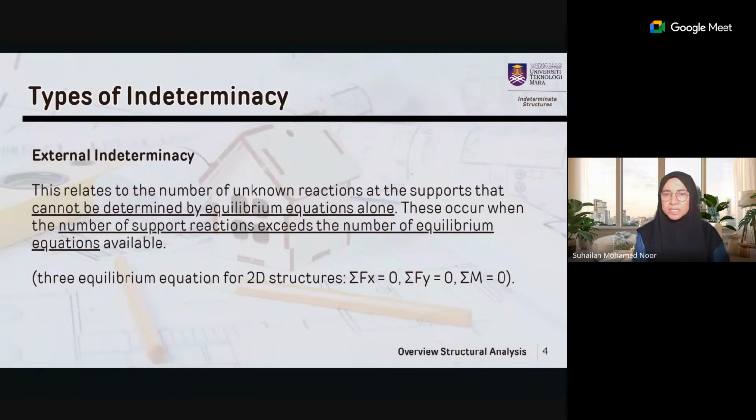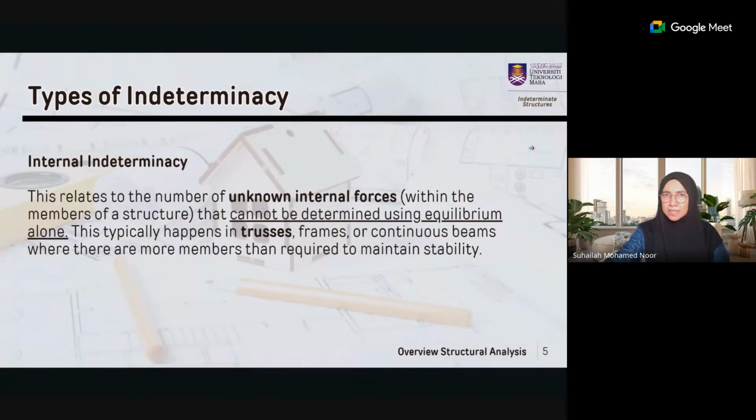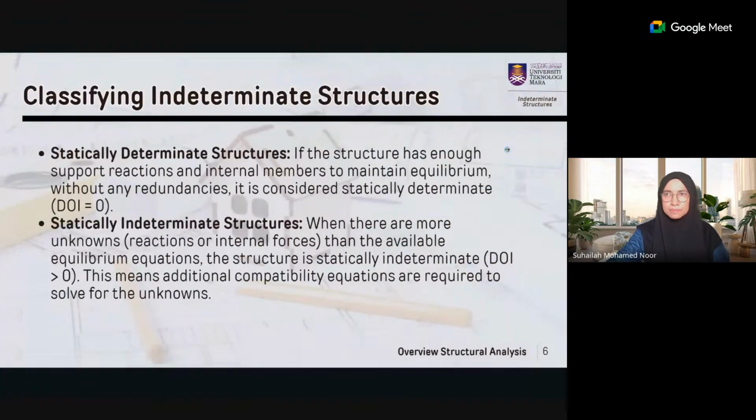Whenever member force is redundant, we call it internal indeterminacy, basically in the truss system. Redundant also can be both external and internal for indeterminate structure with 2 redundant. So now we focus on 1 redundant first.